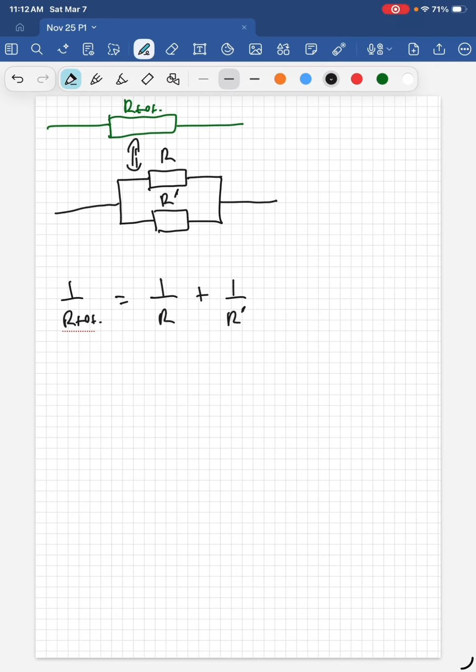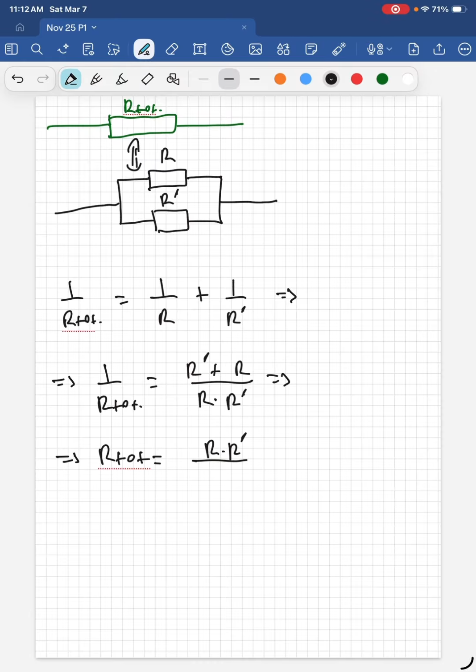We can find the common denominator: this is R prime plus R over R times R prime. So R total is R times R prime over R prime plus R.